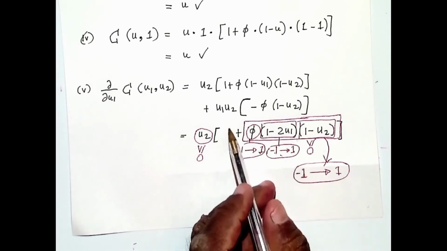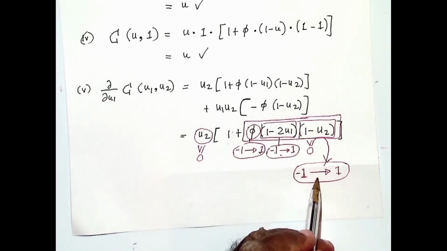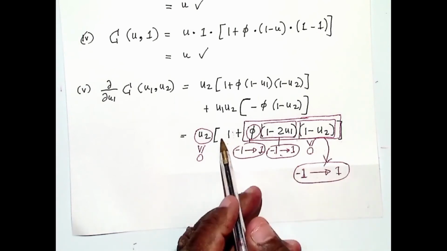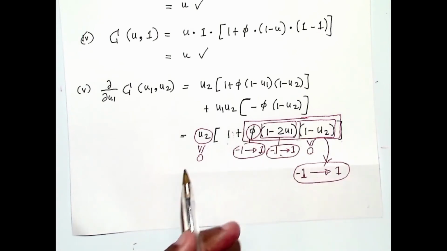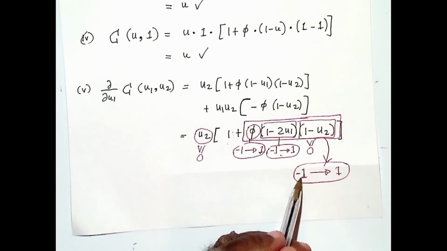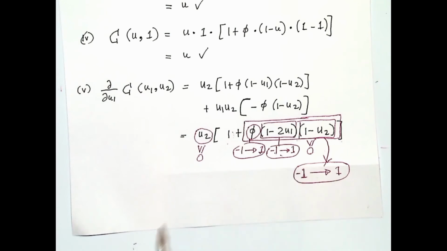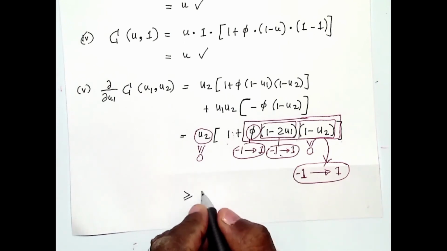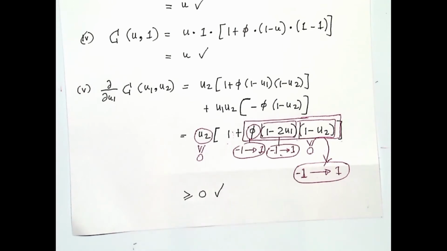And you're adding a plus 1 on top of this, right? Hence, what is inside the brackets must be non-negative, right? Because you are adding plus 1 to the range from minus 1 to plus 1. So hence, we have shown that this is non-negative.